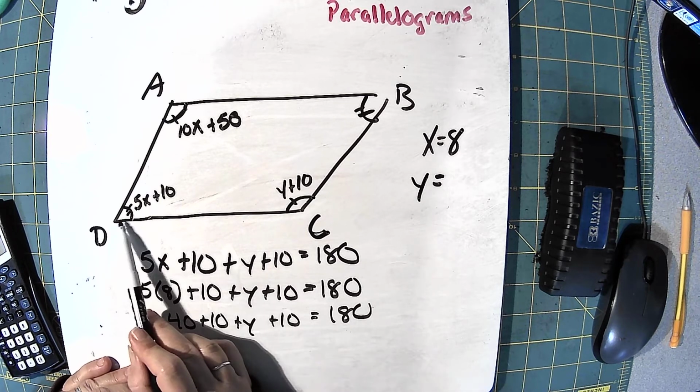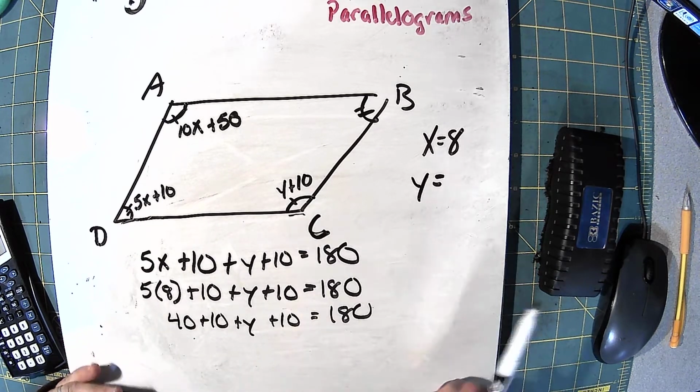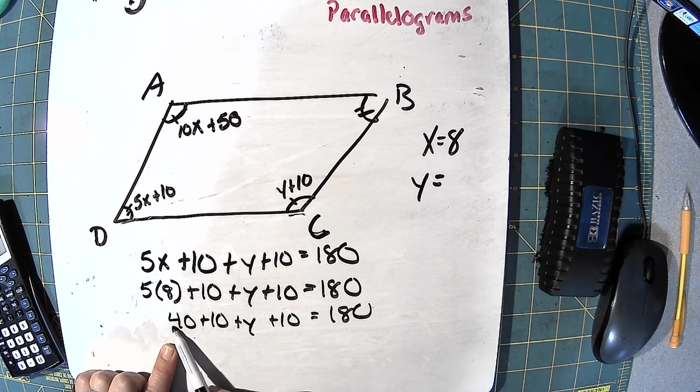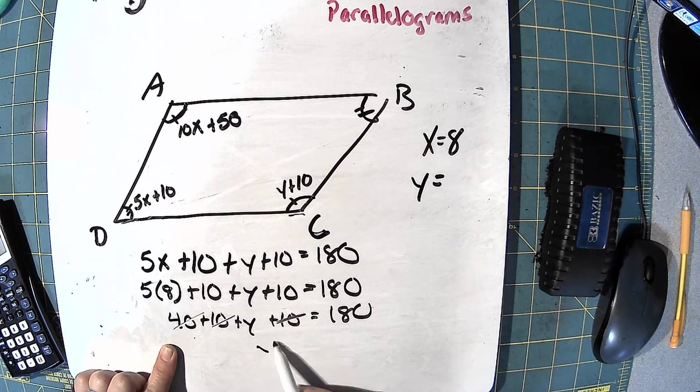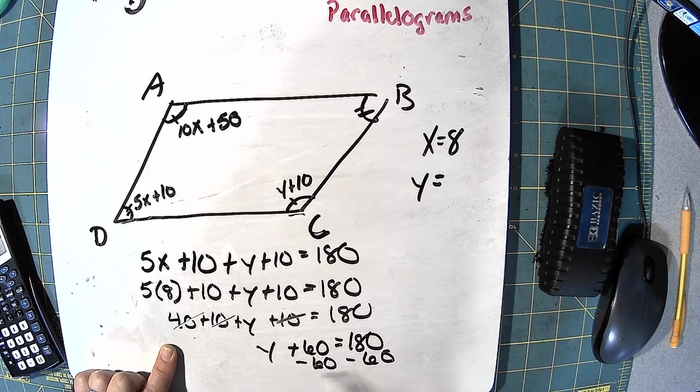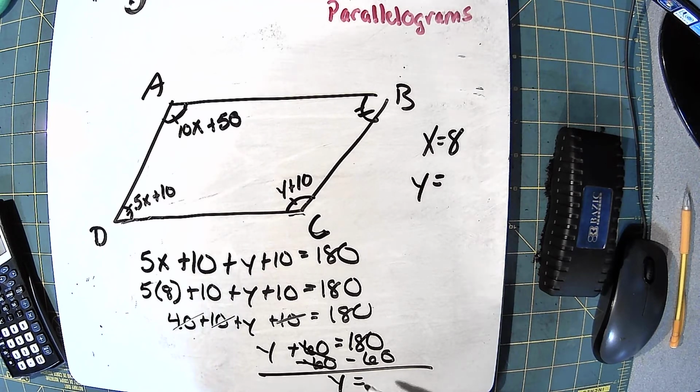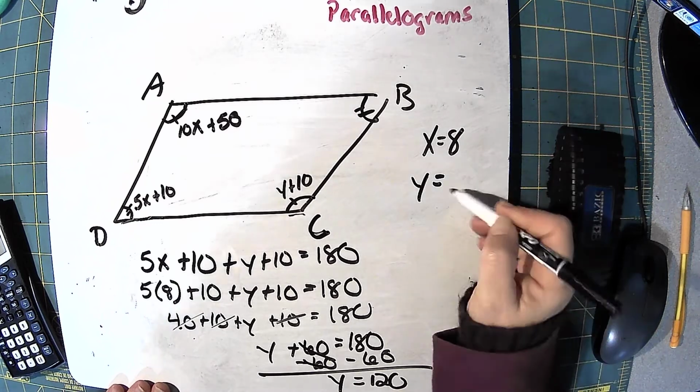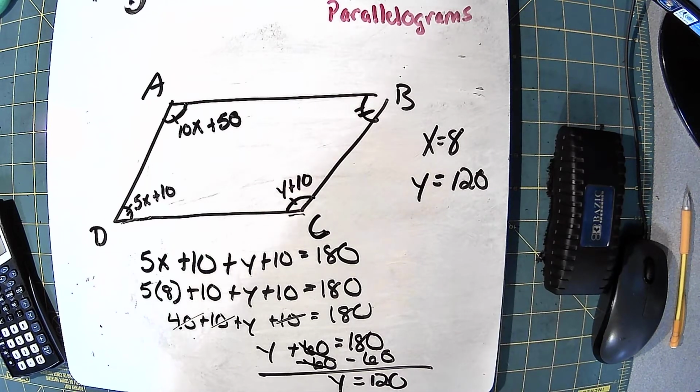So what I did, I said this one plus this one equals 180. All right, and then I got 40, 50, 60. Y plus 60 equals 180, and then I'm going to do minus 60, and I'm going to get y equals 120. Okay.